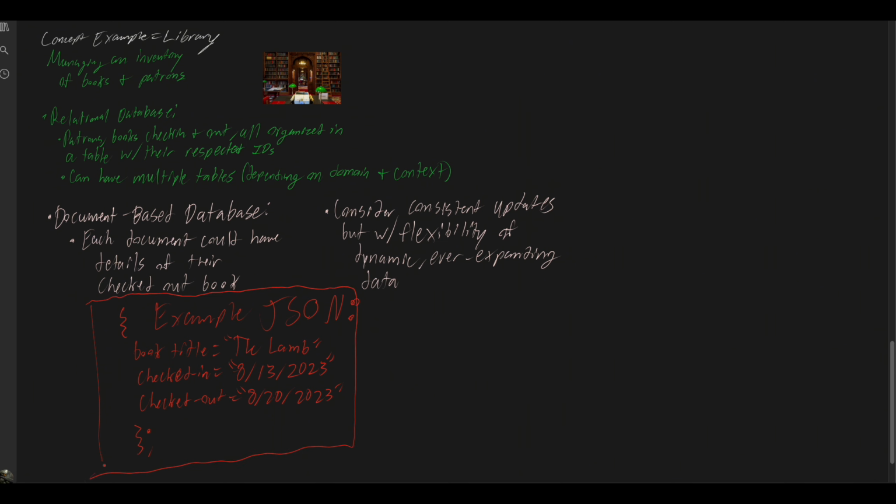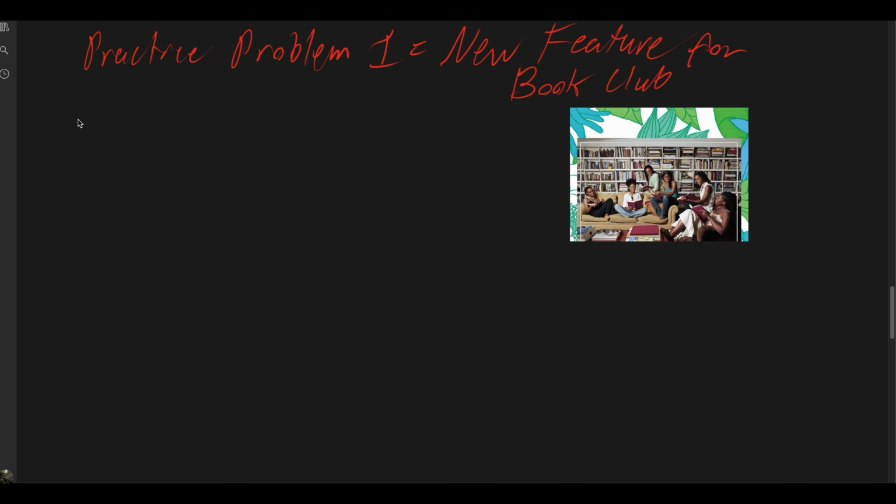There we go. And so, yes, this is our concept example for a library and managing books and patrons for relational and document models. So to be able to solidify our understanding of the concept, let's go over a practice problem. So we are tasked with implementing a feature for a new book club with a library application.